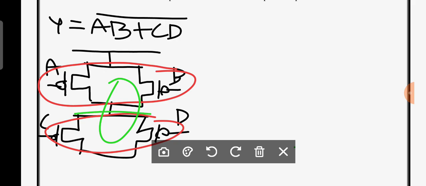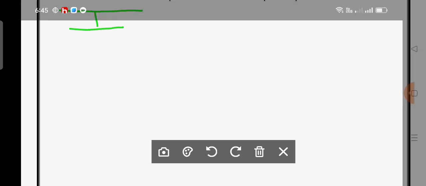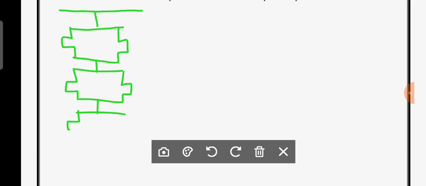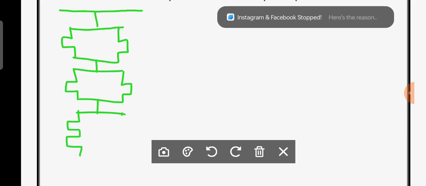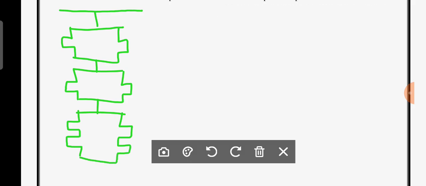Now once again I am going to draw the schematic diagram of the Boolean expression AB plus CD. You can observe it. This is for AB and this is for CD, and in CMOS this is for AB and this is for CD. It is given to VDD, and it is given to VSS.